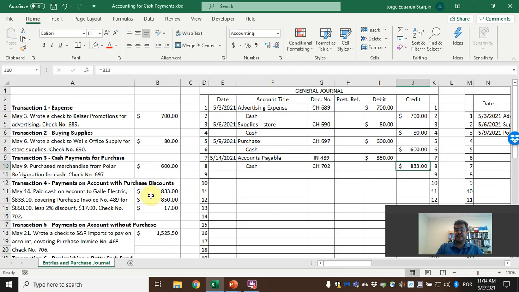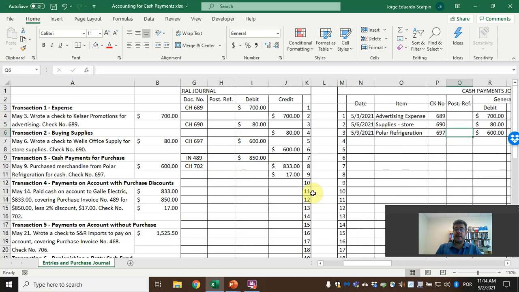It is missing 17 on credit. And then this is the purchase discounts. And a credit, so a contra account here. Purchase discount. How do we record it on cash payments?